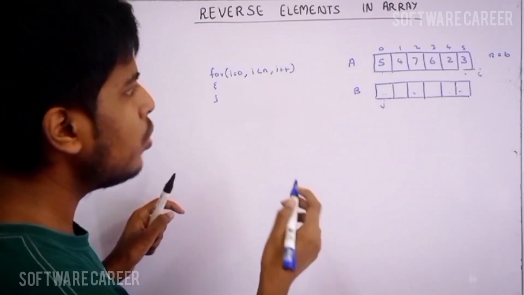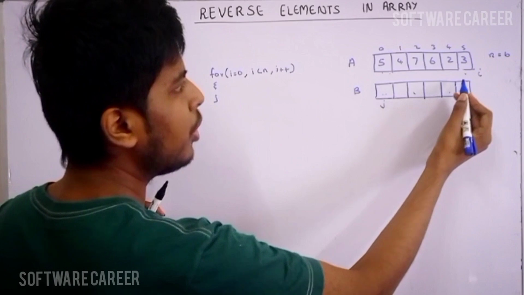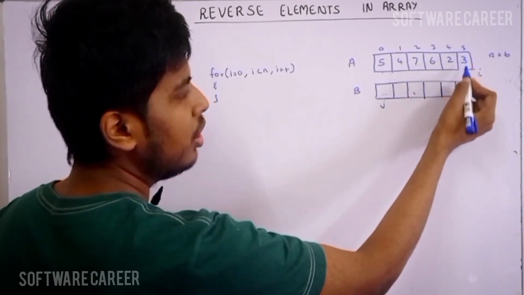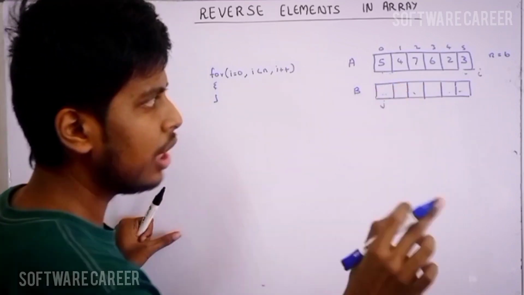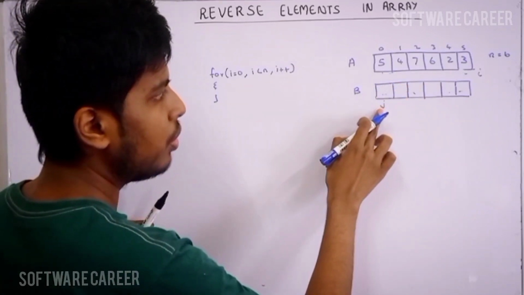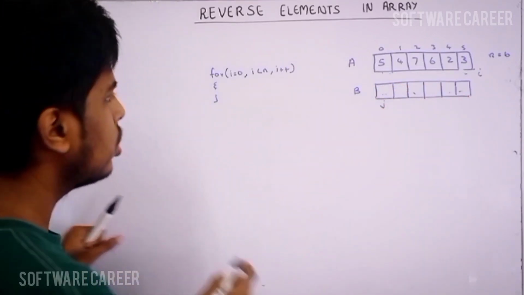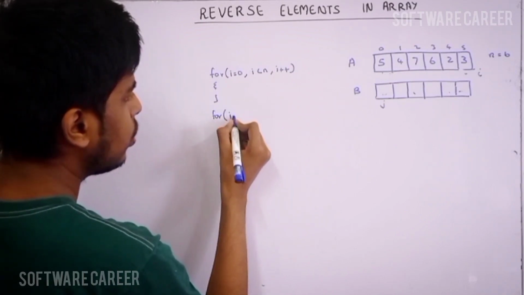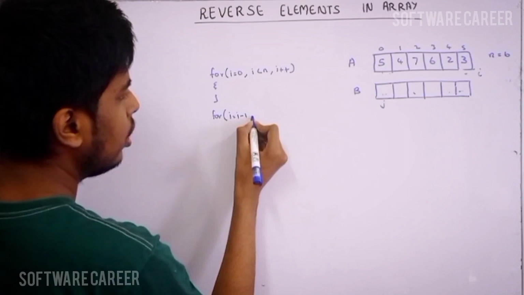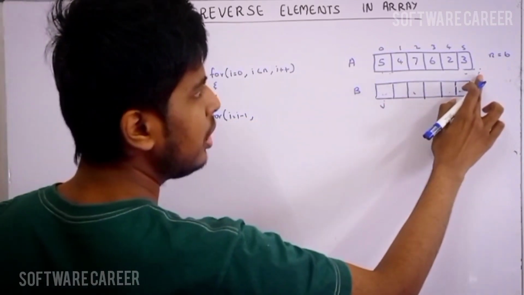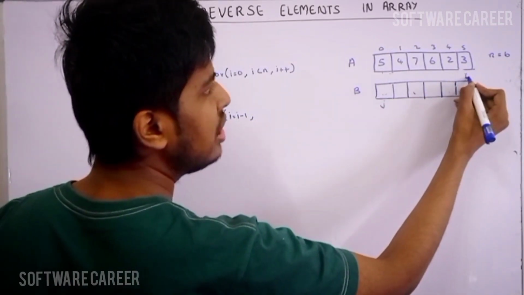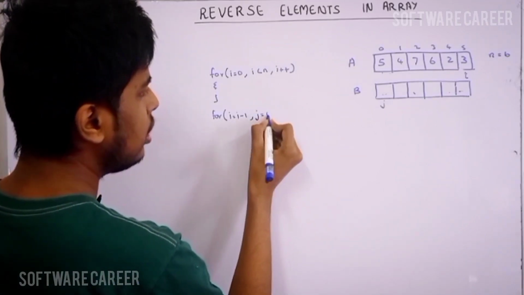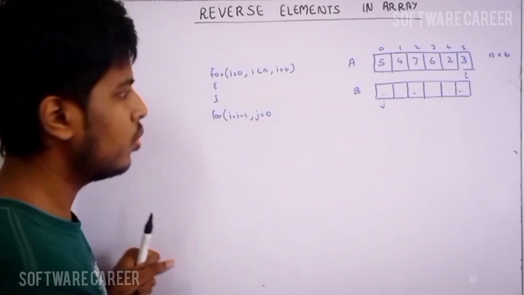Now I should copy starting from I minus 1, that is 6 minus 1, which is 5. From the 5th index to the 0th index I should travel, and j should travel from the 0th index to the 5th index. So I am writing a loop: for I equals I minus 1, that is 6 minus 1 is 5, so I will start from 5; j equals 0, it starts from 0.